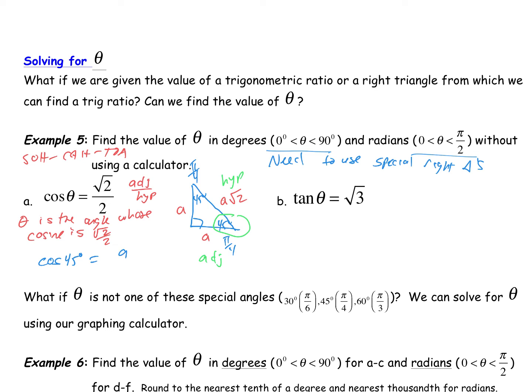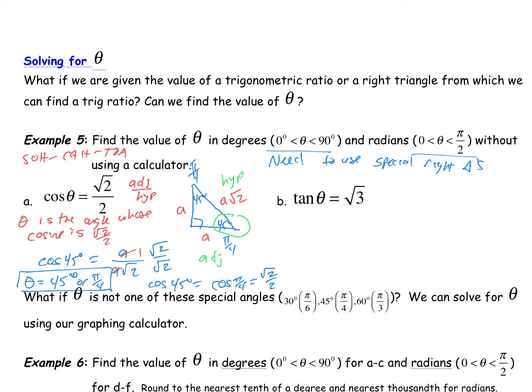That'll be A over A rad 2. And if we simplify this, we can cancel out the A's. Then we'll need to rationalize the denominator. And so cosine 45 degrees, which is the same thing as cosine of pi over 4, is rad 2 over 2. So the angle here, theta, is 45 degrees or pi over 4.